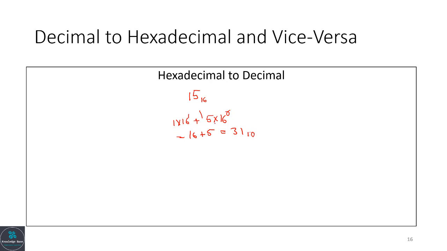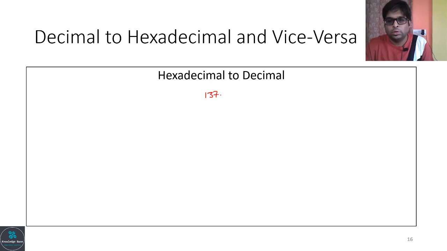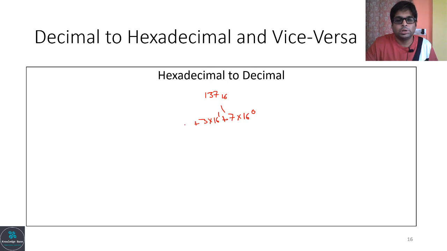Similarly, take another example, 137 in hexadecimal. So 7 into 16 to the power 0 plus 3 into 16 to the power 1 plus 1 into 16 square, that is 256 plus 48 plus 7.